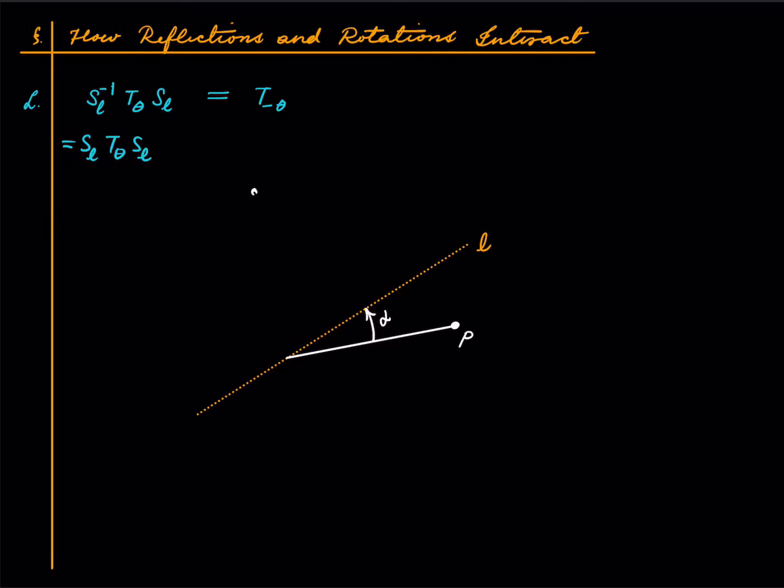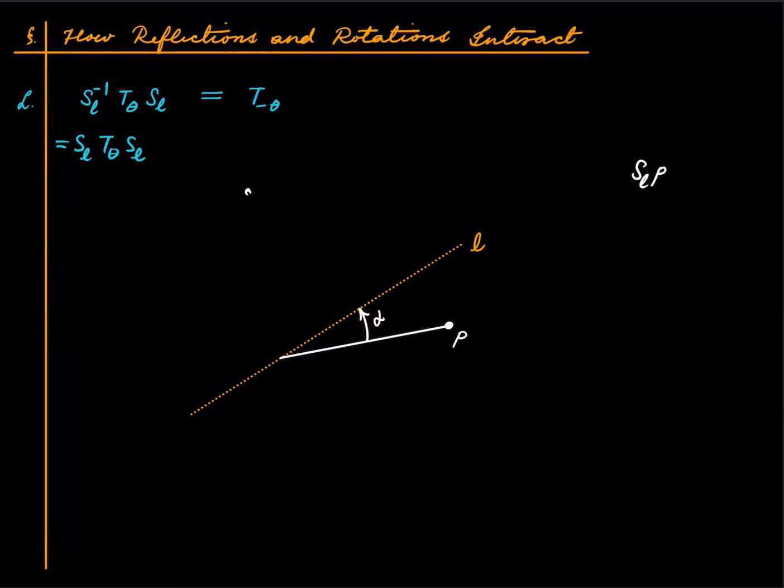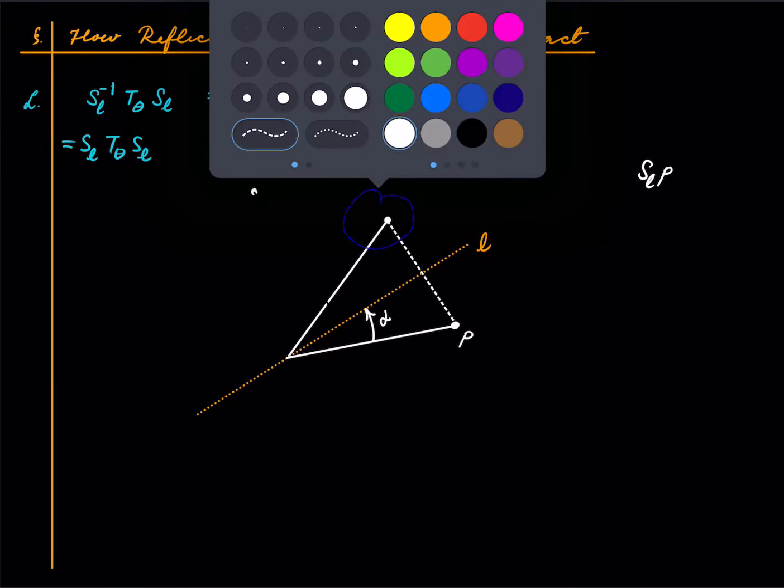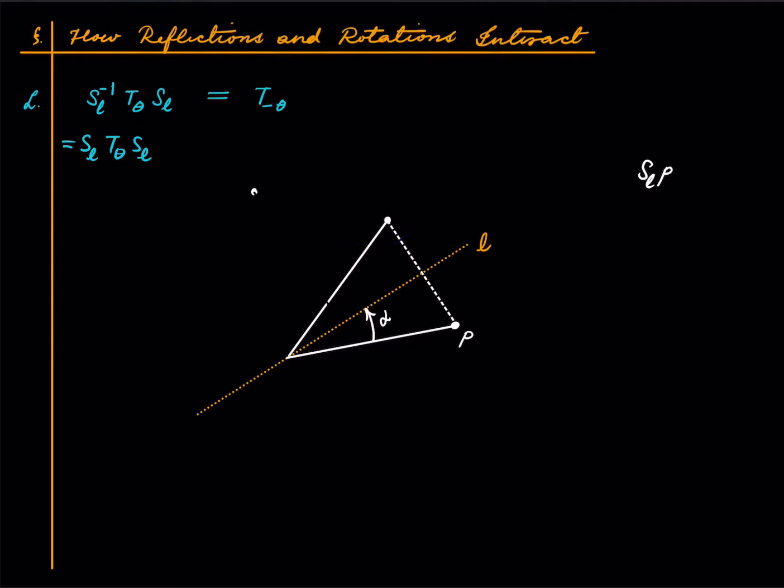So if we reflect P by L, basically we are computing S_L of P. So S_L of P is some point here, and let me show you the picture. Yeah. So we reflect, we get this point.